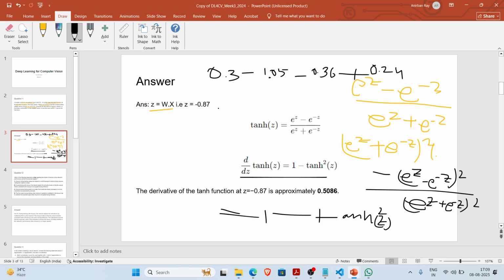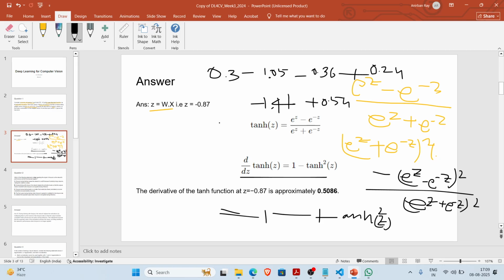Now, as you can see, this is 1, and minus 1.41 and plus 0.54.